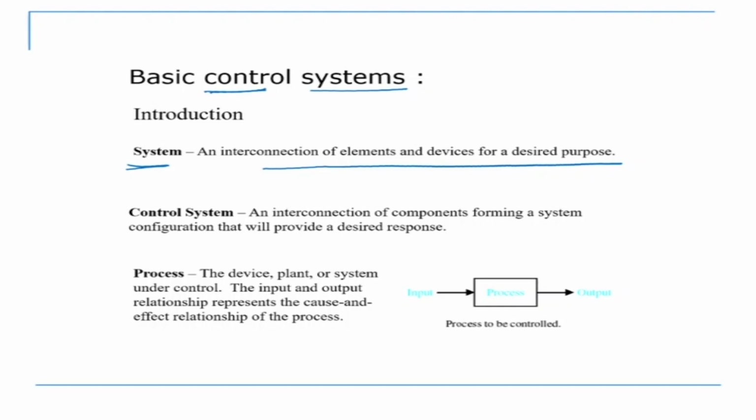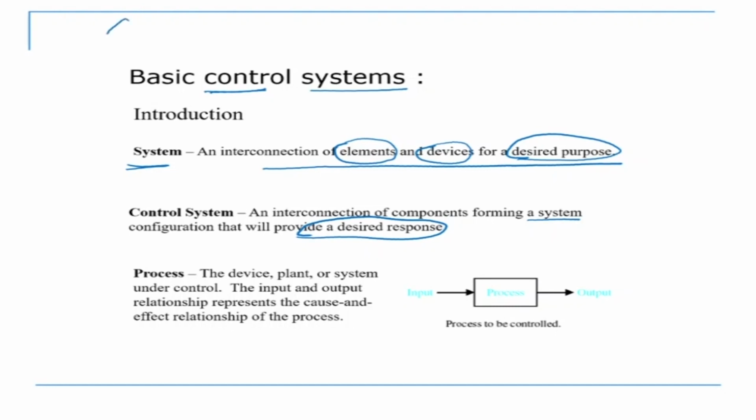Now, the definition of a control system is an interconnection of components, or a system, that will provide a desired response. So the definition of a control system is finding out the suitable input to get a desired output.